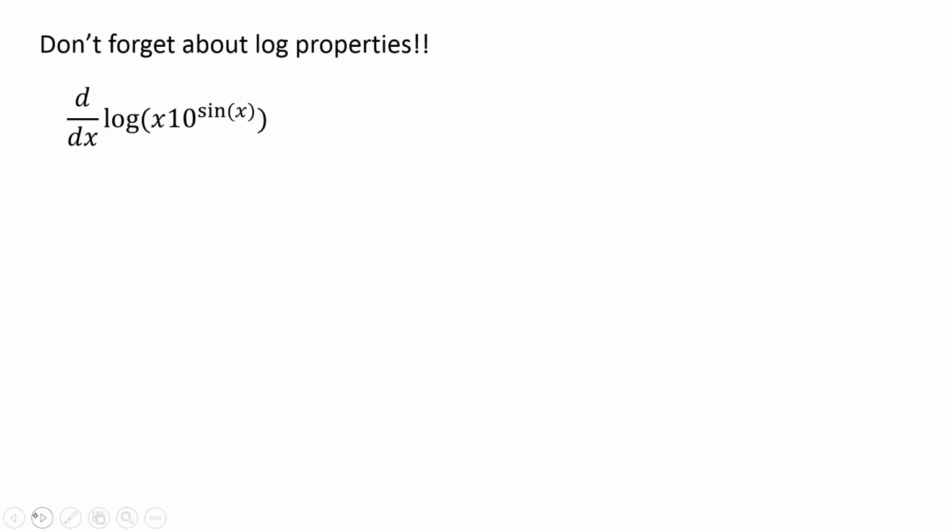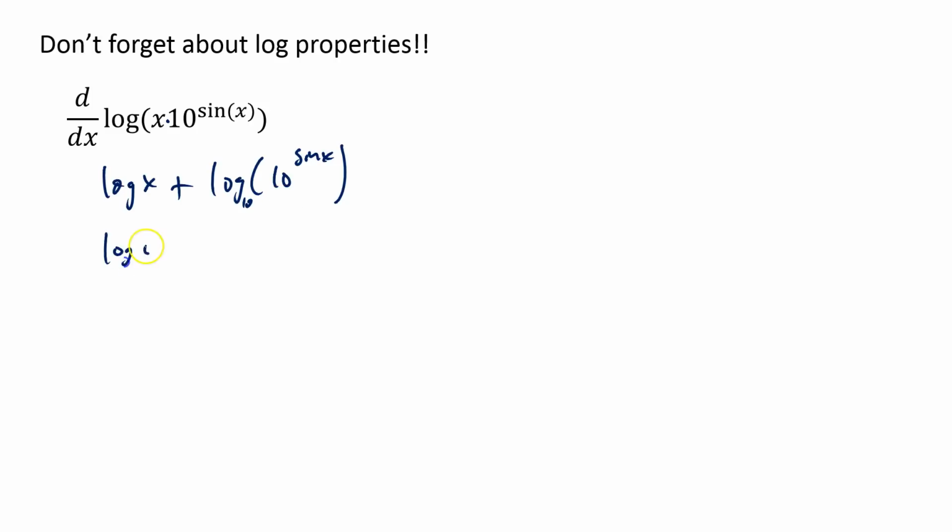Now, don't forget about the log properties, because if you have something like this, you once again could start going into some really complicated chain and product rule stuff. But remember, this is a product. I can split a log of a product into a sum of logs. So I have log x plus log of 10 to the sine x. Now, this is log base 10. So I'm asking, what do I have to raise 10 to get 10 to the sine x? Well, that's sine x.